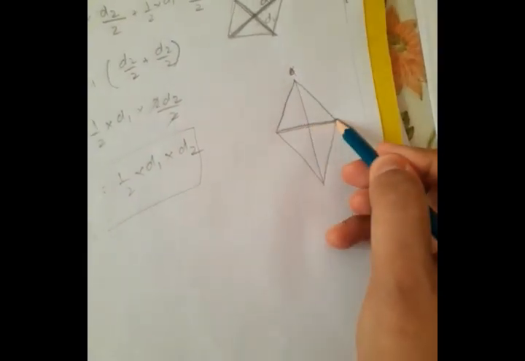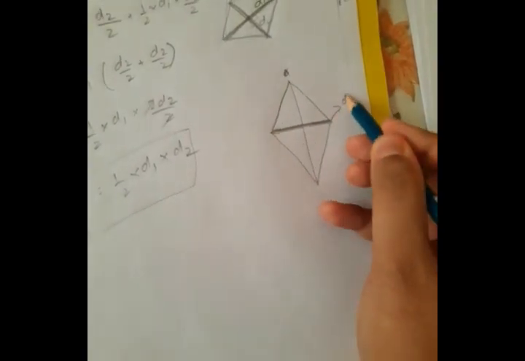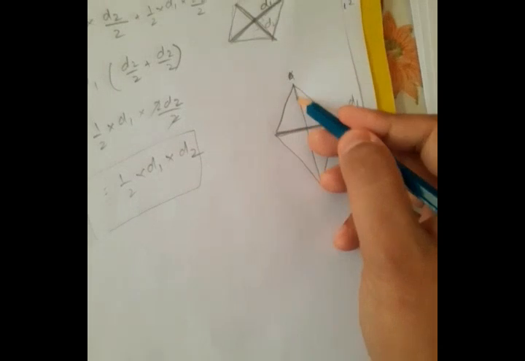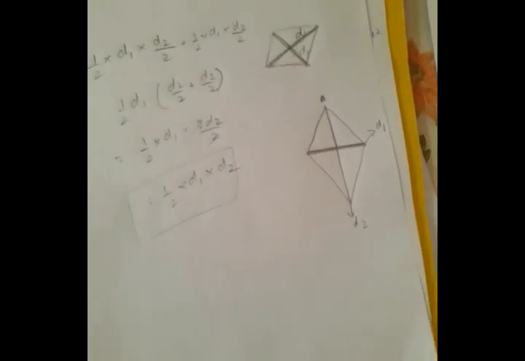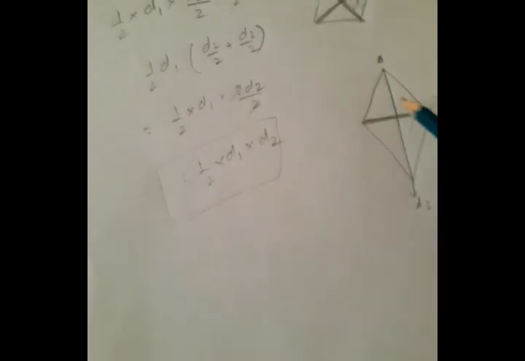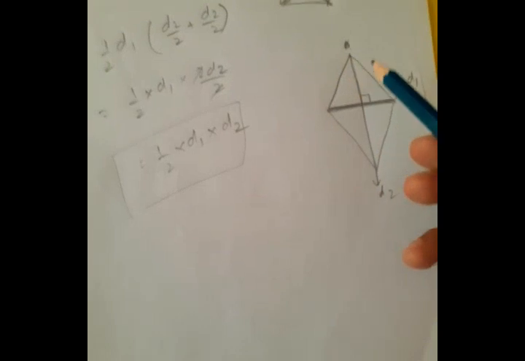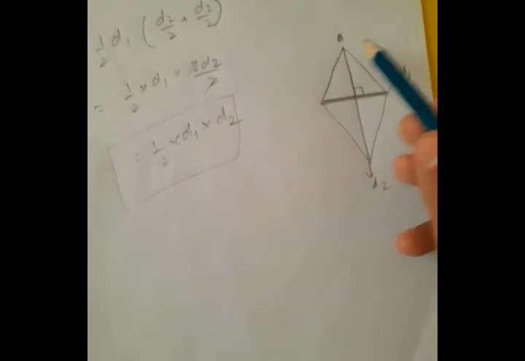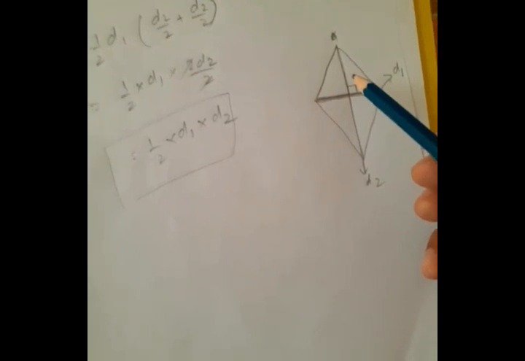So this is diagonal 1, we will be terming it as D1, and this whole will be termed as D2. So there are two triangles, it is at 90 degree. So by finding the area by the formula half into base into height, we could find the area of two triangles.